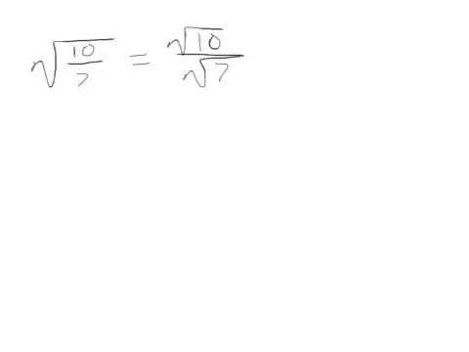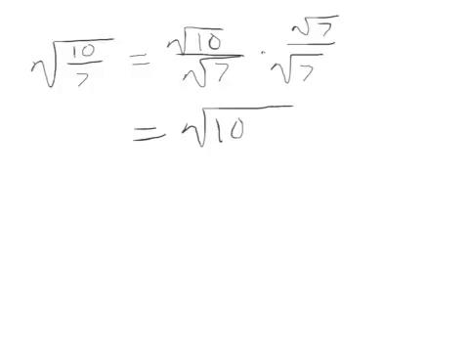And now I'm going to carry on the process that I showed previously, where to get rid of that square root of 7 in the denominator, I'm going to multiply by square root of 7 over square root of 7. So for the numerator, I can combine the 10 and the 7 inside one radical.